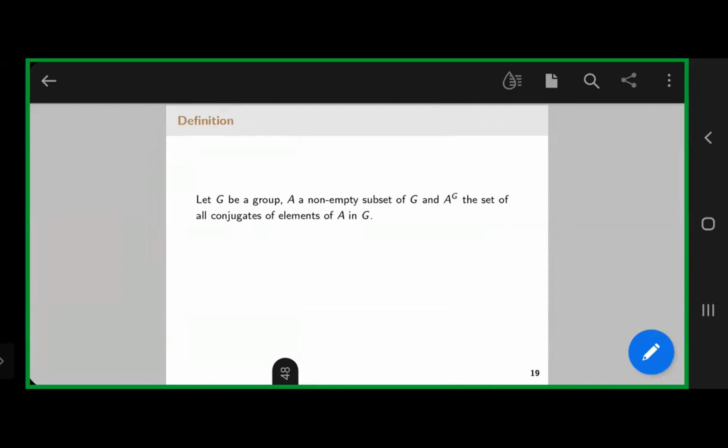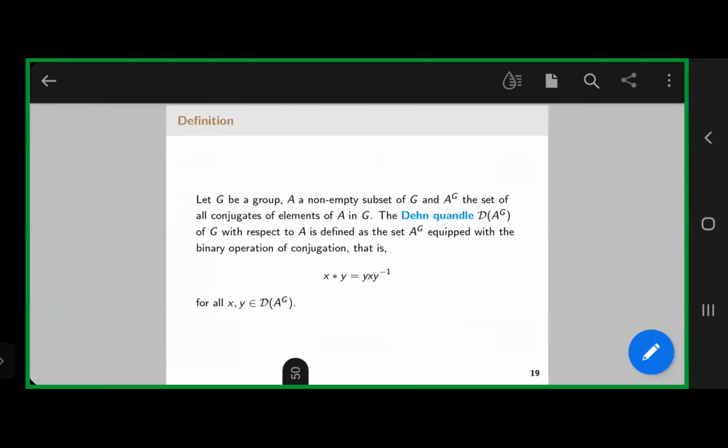If you take a group G and any subset A of the group G, then you consider all the conjugacy classes of the elements of A. You can define the quandle structure on this set A^G by just the conjugation operation. Because you have already chosen all the conjugacy classes of A, under conjugation they will remain in the set.